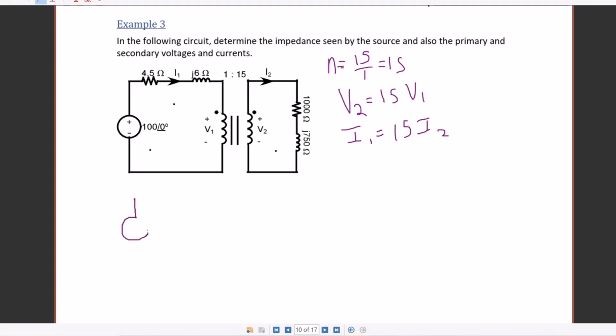So I'm going to write this as one loop. Since I'm reflecting the secondary to the primary, nothing on the primary side changes. So I'm just going to copy down 100 with an angle of 0 degrees in volts. I don't know if it matters, but we're going to make this volts RMS.